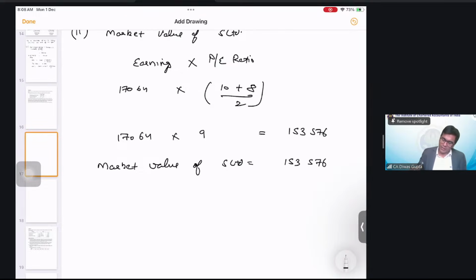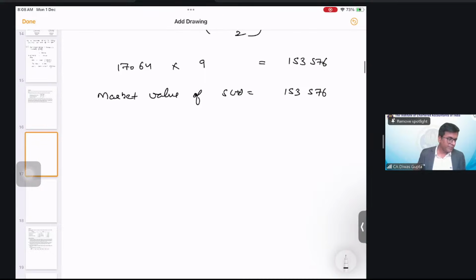Now the number of shares in the new company will be what? Because there are two different companies, we'll have to calculate how many shares in S Limited there are and which company they are represented by, C Limited and P Limited both. Number of shares in S Limited.